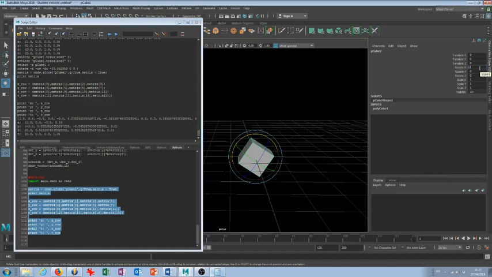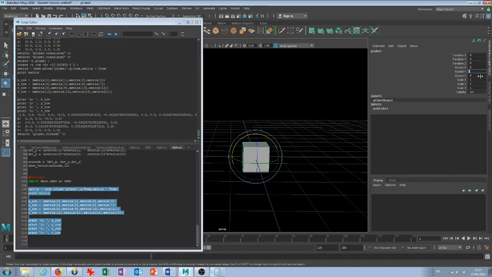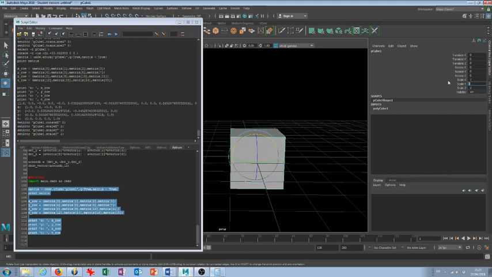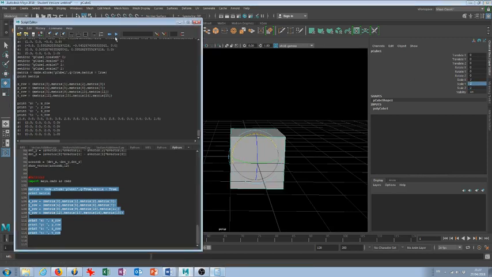Okay, we return it to the original position, and we can also play with the scale. Let's make this cube twice as big in every coordinate and run the transformation matrix, and we can see that now we have something similar to the identity, but with 2, 2, 2 and 1 for the translation. And yeah, that's more or less it.